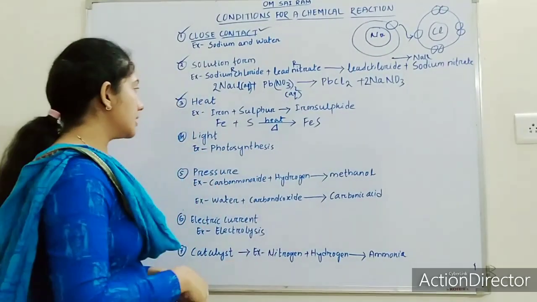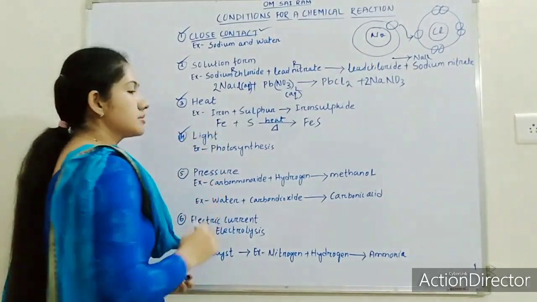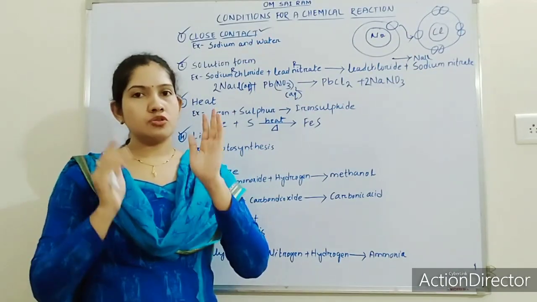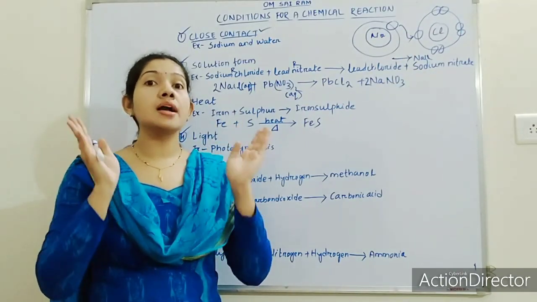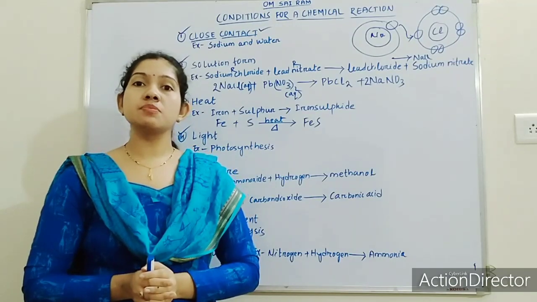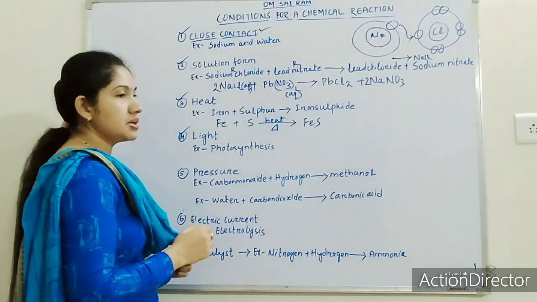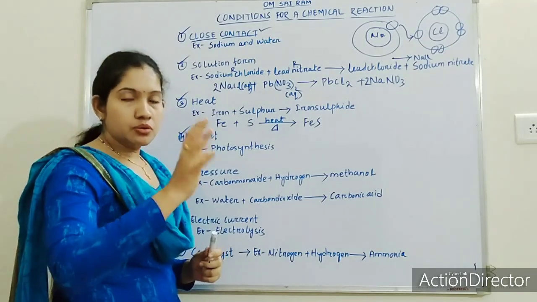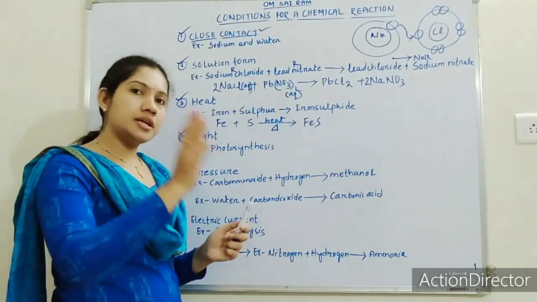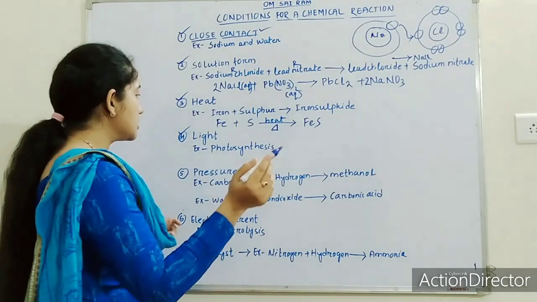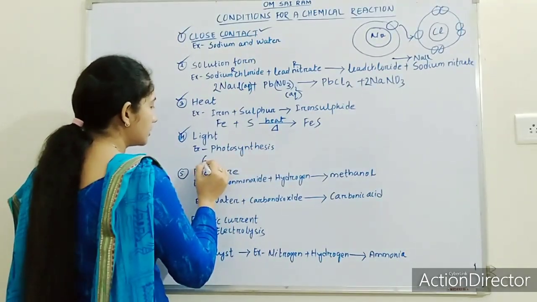Okay, next, light. Very simple example we can take, photosynthesis. Photosynthesis is also a chemical reaction which takes place in the presence of light. I should not go into details about the equation because already in our earlier classes we have discussed the equation of photosynthesis. What is the equation of photosynthesis?